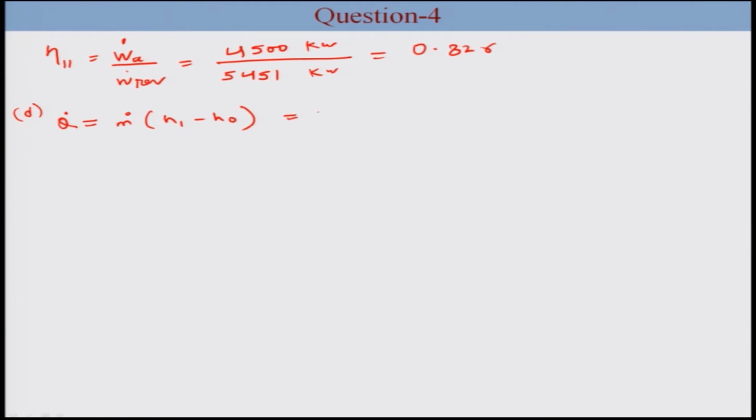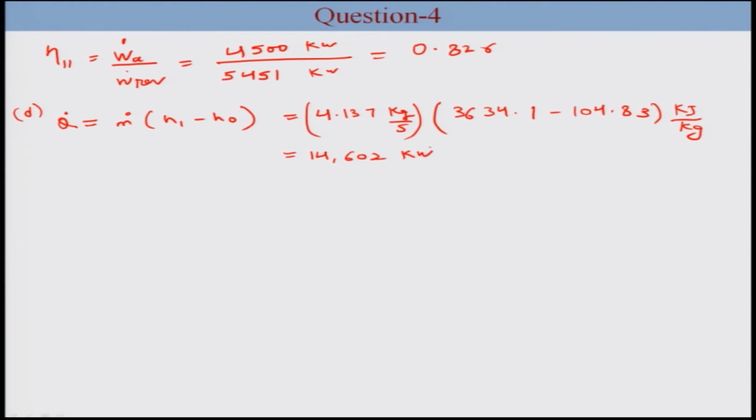We know the mass flow rate is 4.137 kg per second, and H1 is 3634.1 minus 104.83 kilojoule per kg. So this is equal to 14602 kilowatt.